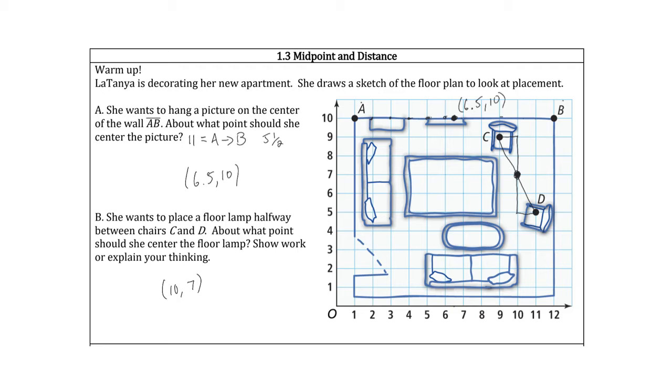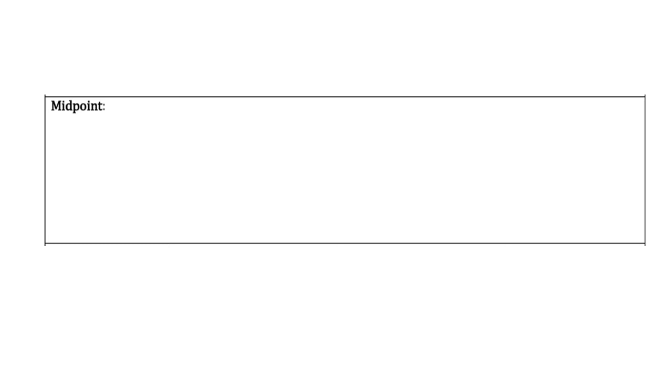Now, obviously, we used guess and check and counting for these, but we can use a general formula, which is the midpoint formula. The midpoint is a point on a segment that divides it into two congruent segments. Remember, congruent from last section means almost like the same size.